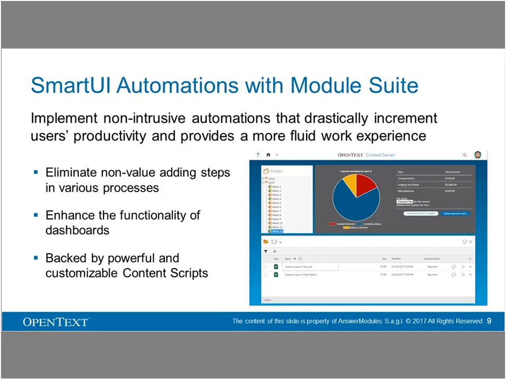Another question is related to the possibility of creating a report. Of course, as I've shown you, it's pretty simple to fetch all the information from, for example, the selected set of nodes or a selection of information on Content Server, and to produce out of it an Excel file or a web report, or a report that can be displayed either in the SmartUI or in the Classic UI.